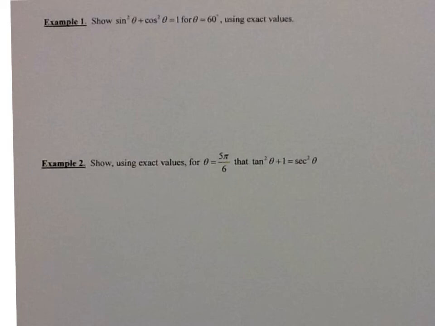Okay, so it says, show sine squared theta plus cosine squared theta equals 1 for theta equals 60 degrees using exact values. So they're giving you theta at 60 degrees. So we have sine squared 60 plus cosine squared 60 is equal to 1. I want to show that that's actually true, using exact values.